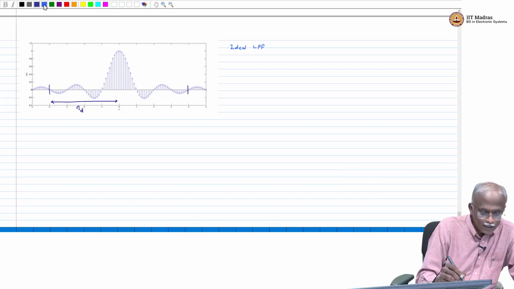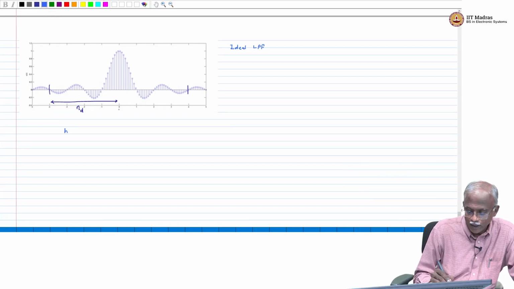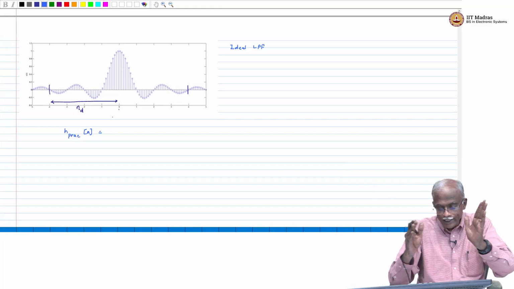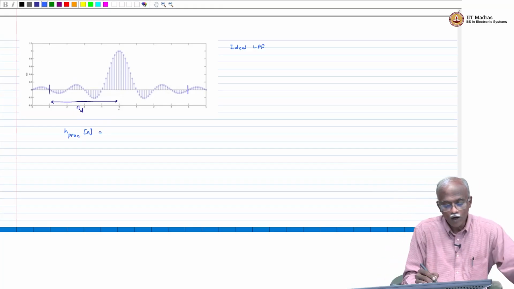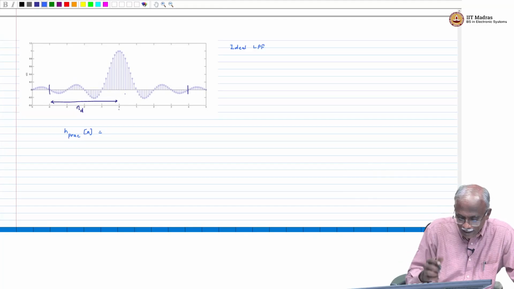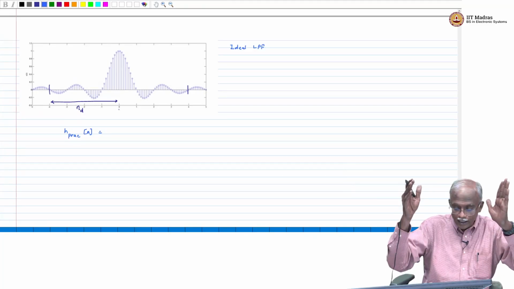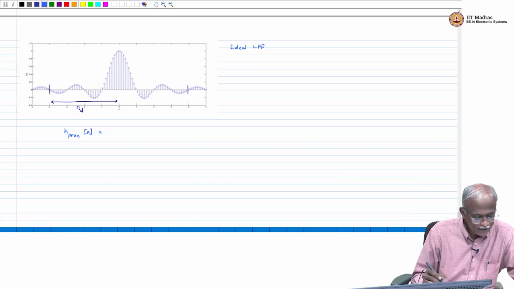So the realizable filter, the practical low pass filter that we can realize, is obtained by first of all introducing a delay of ND units of time, and then truncating it in terms of the total duration. So what does the practical filter look like? Sine omega c times n minus ND over pi times n minus ND.